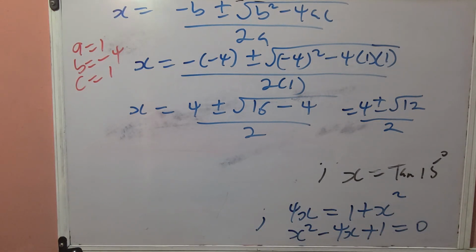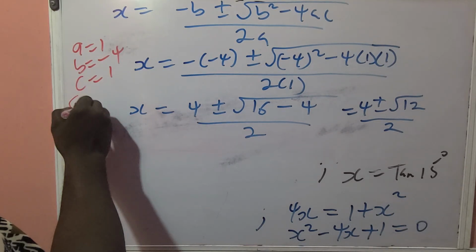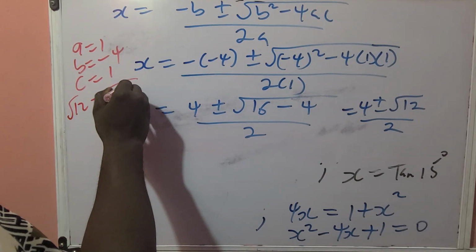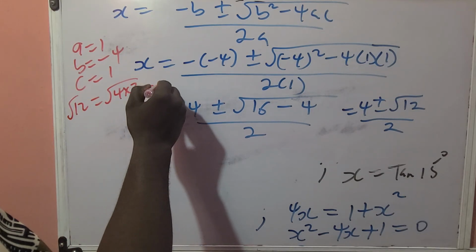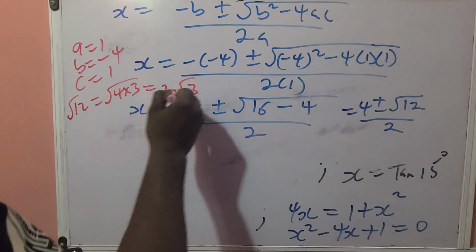So looking at this, I can express my root 12 as 2 root 3, because obviously if I have root 12, I can have it as 4 times 3, and that will obviously be 2 root 3.